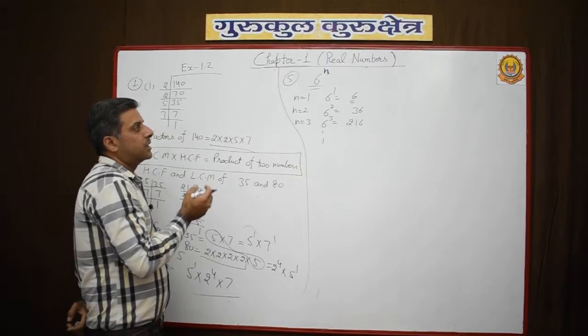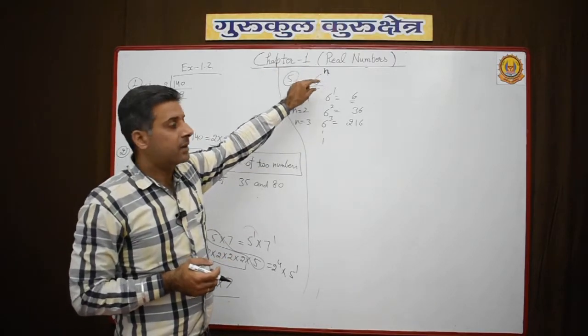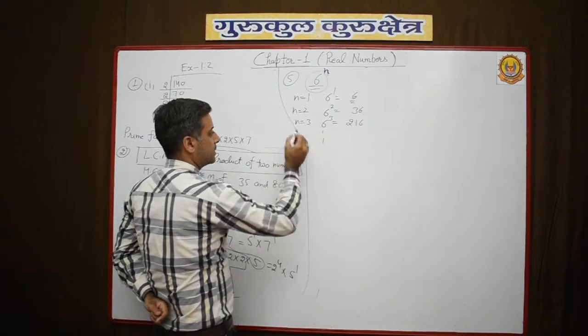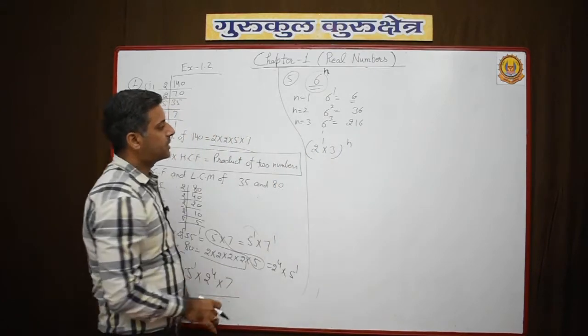For this question, you have to use the fundamental theorem of arithmetic. So firstly, make the prime factors of 6, that is 2 into 3.